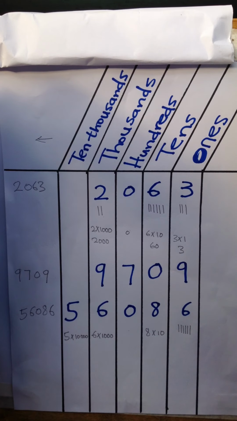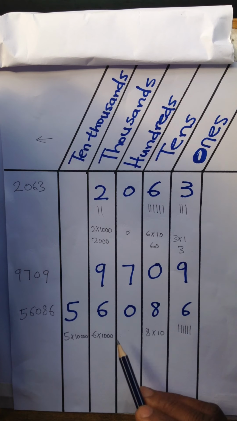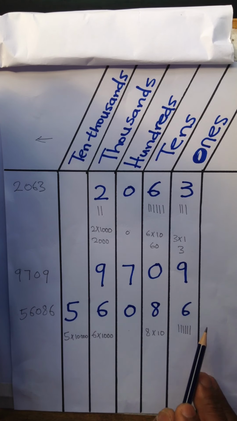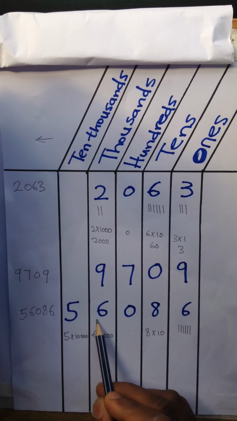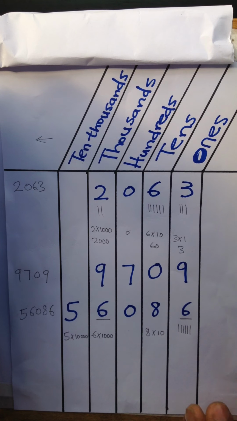Now, if you try to answer the question, what is the place value of a digit in a number? The place value basically means the value that a digit has based on its position. For example, in this number, this 6 and this 6 are both 6, but they don't have the same value. The first 6, which is in ones, just means 6 ones.